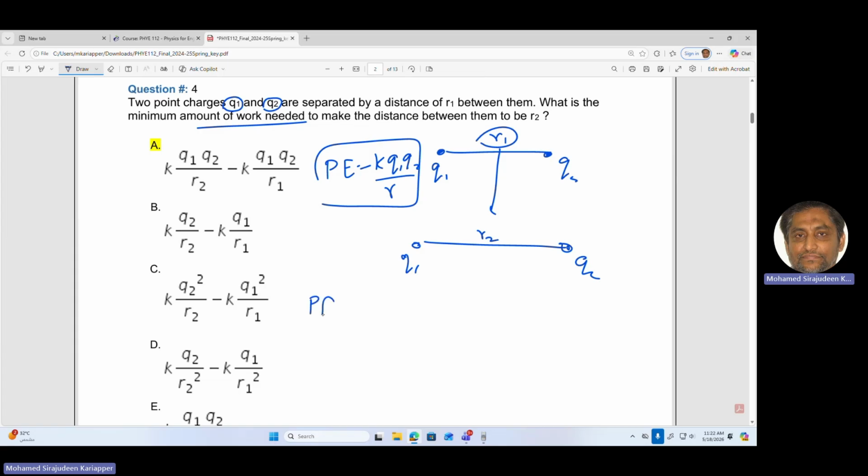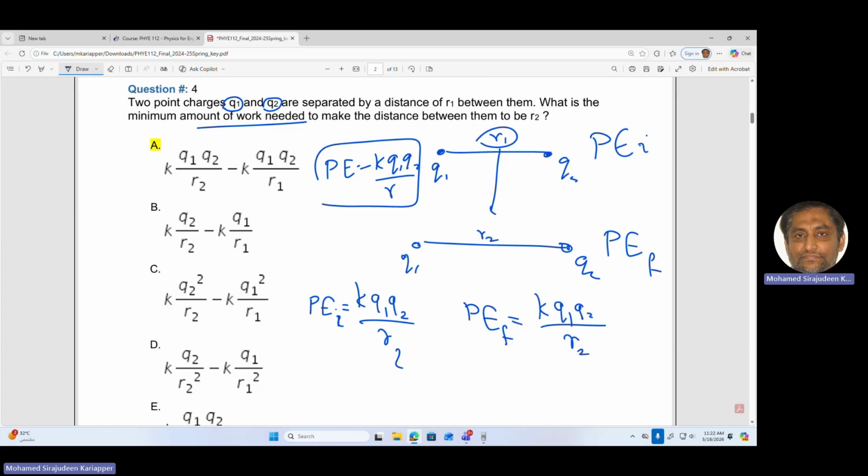The initial energy PE initial will be K Q1 Q2 over R1. Now the energy changes. PE final will be, because we are changing the distance, others are not changed, K Q1 Q2 over R2. Same Q1 Q2, only the distance changes.